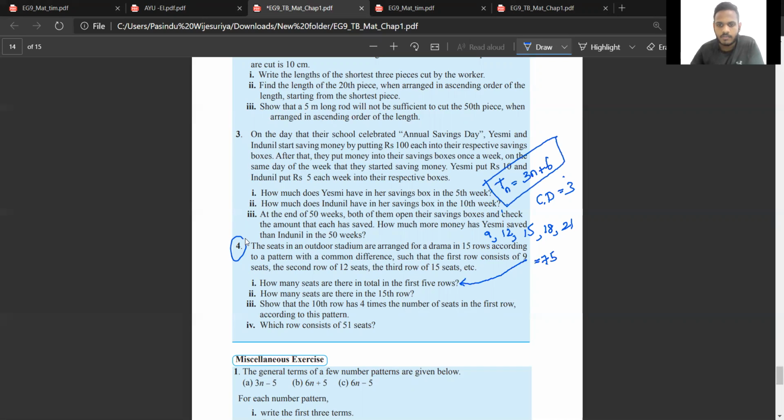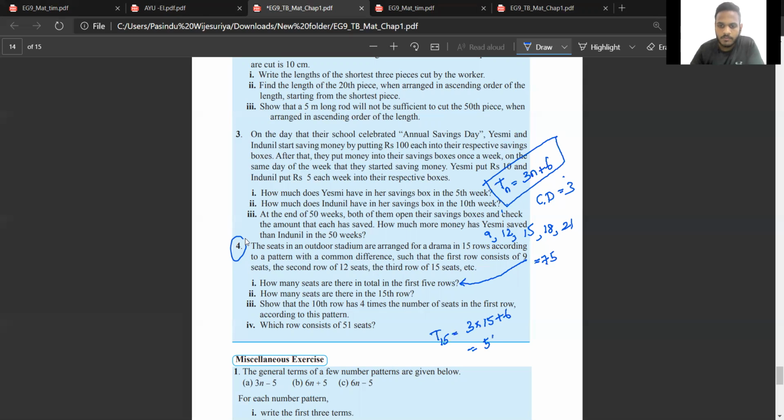So for the 15th term, we need to get the general term. Then we put it into our equation. Tn is 3n plus 6, so T15 equals 3 into 15 plus 6. 3 into 15 is 45, plus 6 is 51.